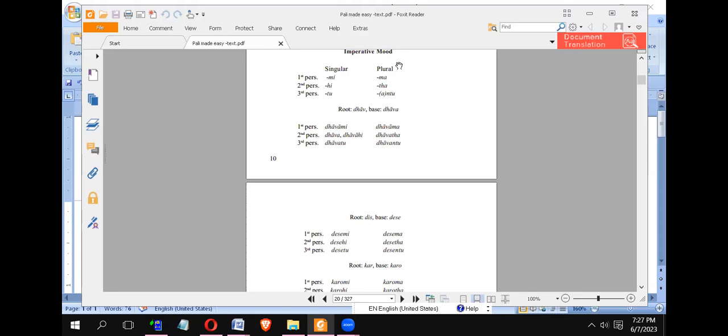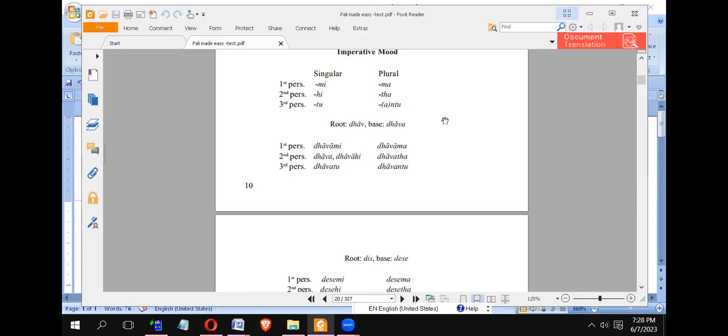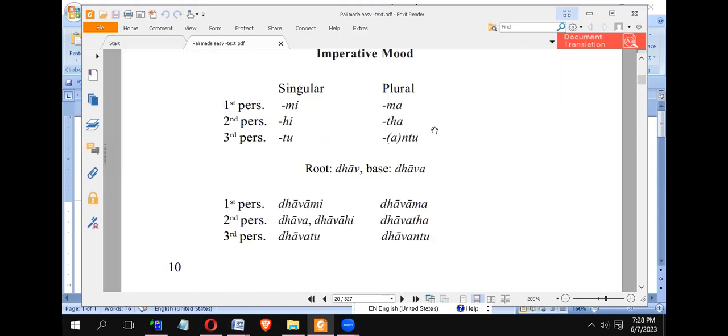Okay. So anyway, when you see this, yes, Chi Won, yes. Saji, I have a question. Why is the Dawata one with a long A and the other one not a long A? Which one? Second person plural is Dawata.